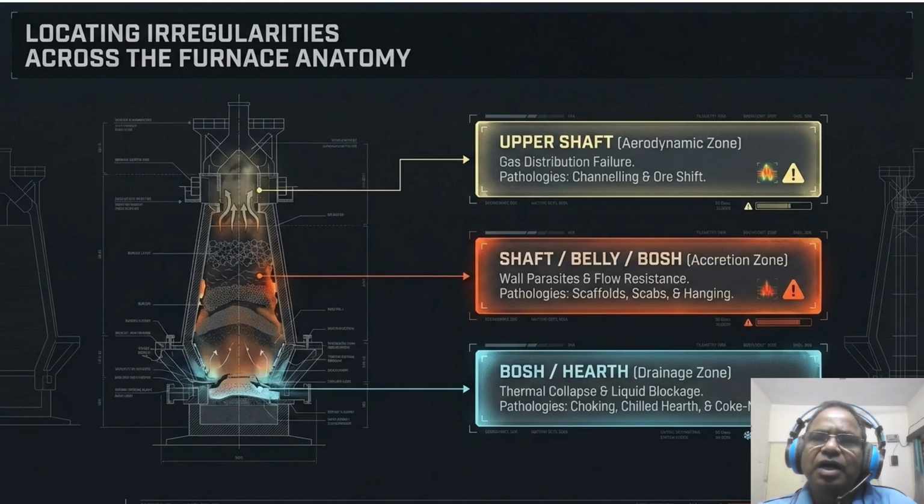We will start our deep dive at the top, focusing on the most common aerodynamic failure, the path of least resistance. As all of us know, that path of least resistance leads us directly to the phenomena of fluidization and channeling.